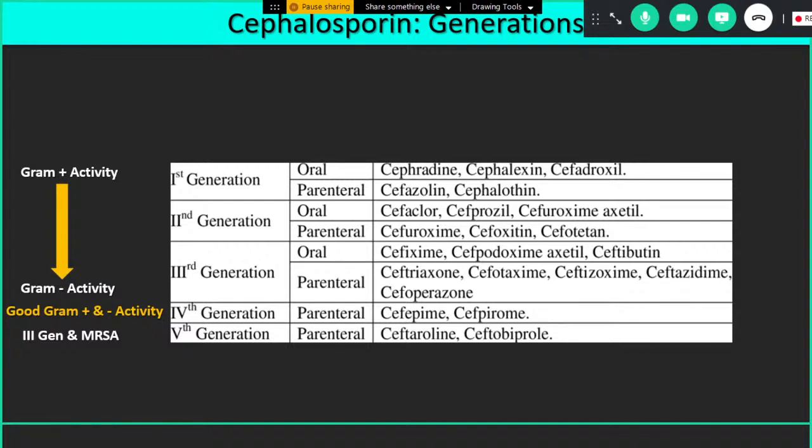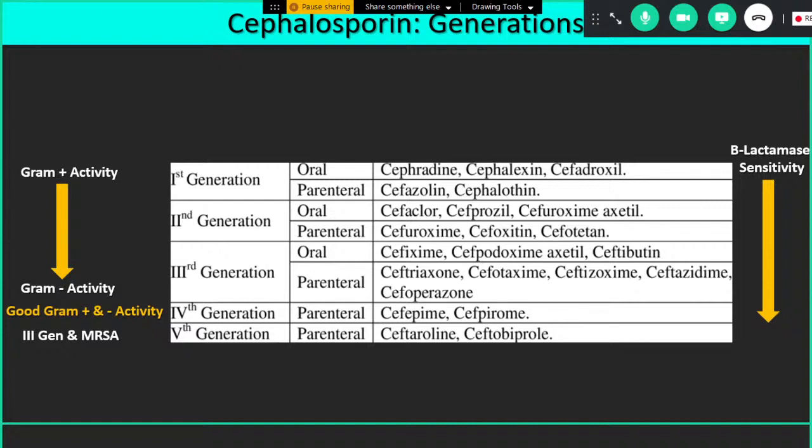Now there is one more aspect of this, that is the degradation by the beta lactamases. Like the gram-negative activity, the sensitivity towards the beta lactamases is also decreasing, which is a good thing, because we don't need a beta lactamase inhibitor in many of them.